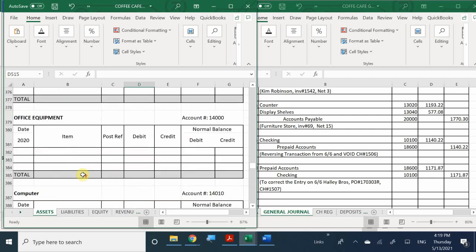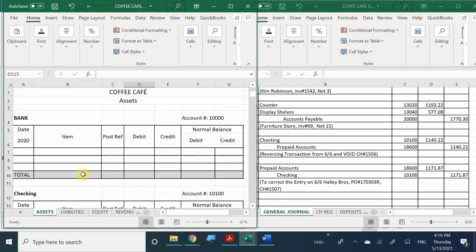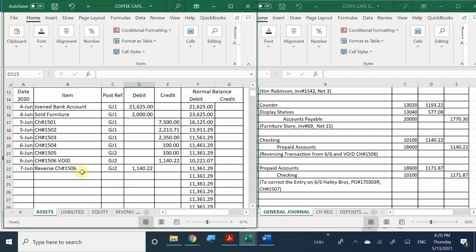Now we're going to go up to our checking account, because we need to validate that the correct amount of money is taken out of my checking account. So once again, this time I'm just going to write check number 1507, no extra information there.